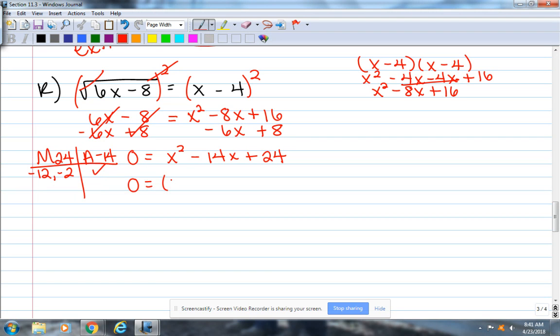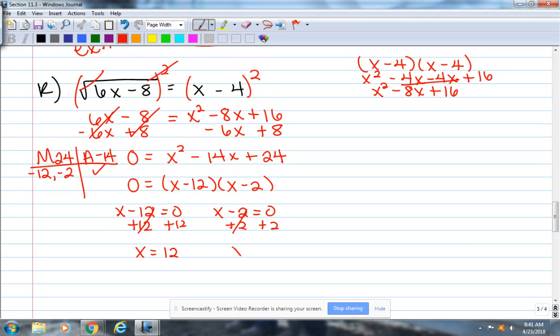So 0 equals x minus 12 times x minus 2. And then what do I do? Set them both equal to 0. X minus 12 equals 0, and x minus 2 equals 0. And I add my 12, and x equals 12. And I add my 2, and x equals 2.